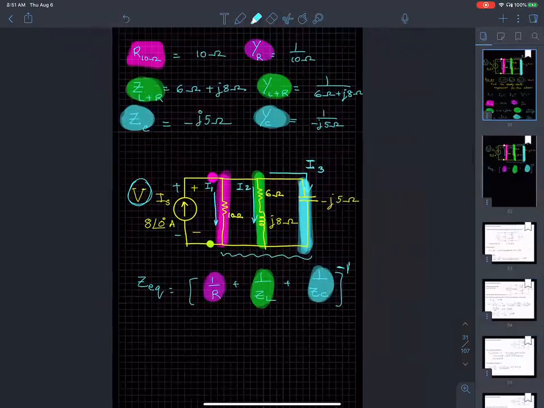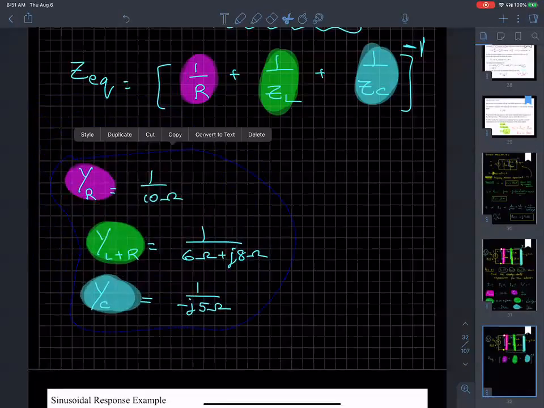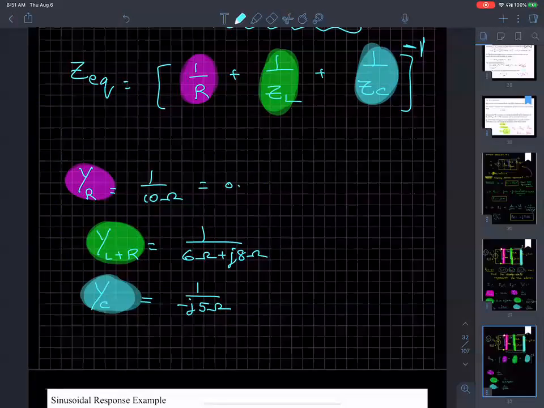Fortunately, I have already calculated, or at least started calculating, the values for these. 1 over R is 0.1 ohms inverse, or 0.1 mho, or Siemens. That's the unit for 1 over ohms. This is the exact opposite of resistance. That's the 1 over R, the one highlighted in purple. Its value is right here.